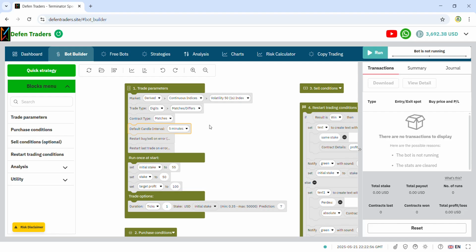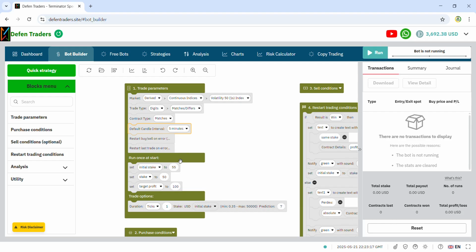For those who will be trading on the candles, remember that time frame means the amount of time the candle takes to open and close. If it's 5 minutes, that candle will close in 5 minutes. If it's 10 minutes, it will close in 10 minutes.